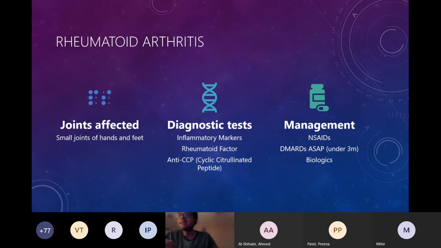You'd also do an ANA because everyone with autoimmune condition gets ANAs. The important thing to remember here is rheumatoid factor is sensitive but not specific. Anti-CCP is specific but not sensitive. And anyone who has either of these antibodies has a more aggressive form of the disease, so you'll have to treat them more aggressively.